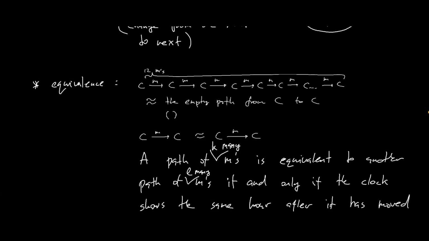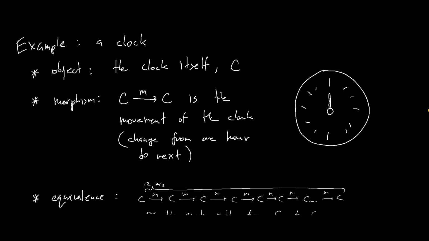We're missing, in this clock example, morphisms that describe passing of 2 hours. We're missing a morphism that describes passing of no hours. We're missing a morphism that describes passing of 5 hours. If we're missing them, then why don't we add them? So why don't we change our graph?